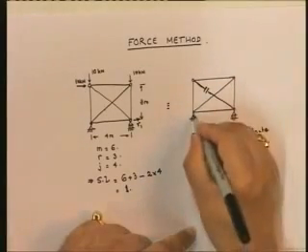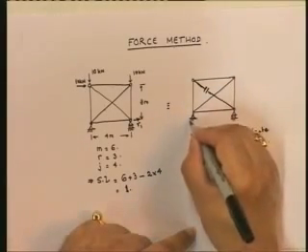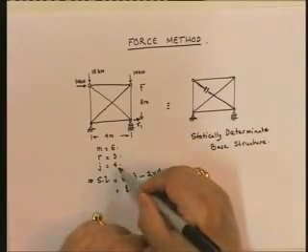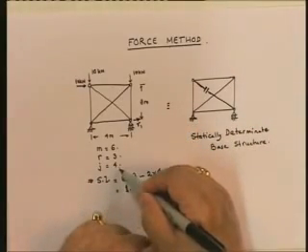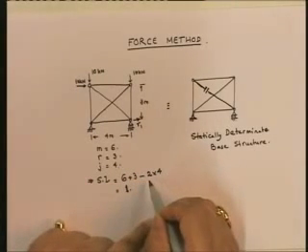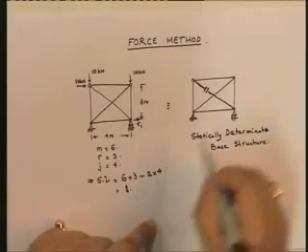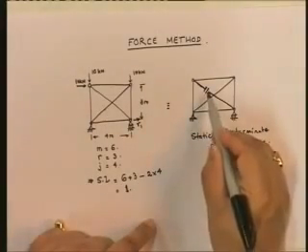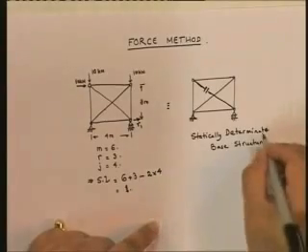Now how many equations of equilibrium do we have? We still have the same number of joints. So the number of equilibrium equations are still going to be 2 into 4. Only thing now is the number of members have been reduced by 1, because one of the members we know is going to have 0 force. So it becomes a statically determinate structure.